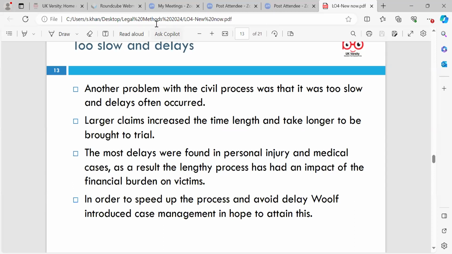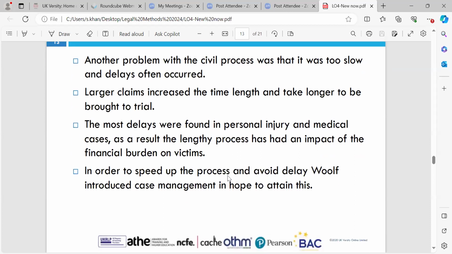Larger claims increased the time length and took longer to be brought to trial. The most delays were found in personal injury and medical cases, and the lengthy process had an impact on the financial burden on victims. In order to speed up the processes and avoid delay, Woolf introduced case management to attain this.